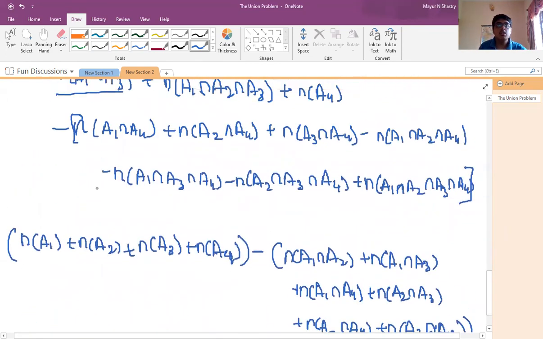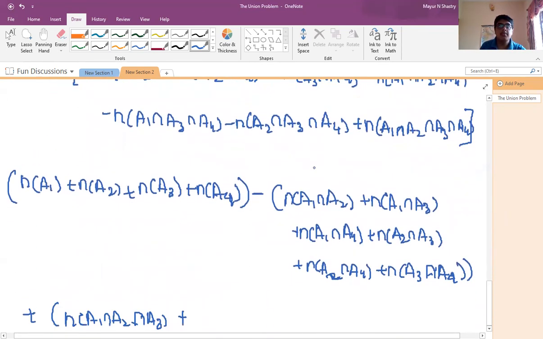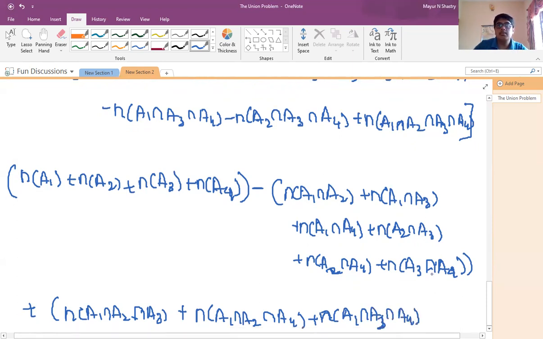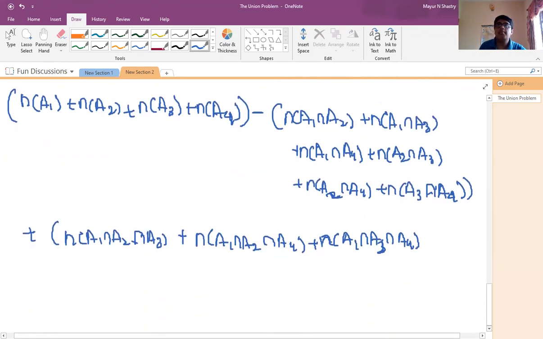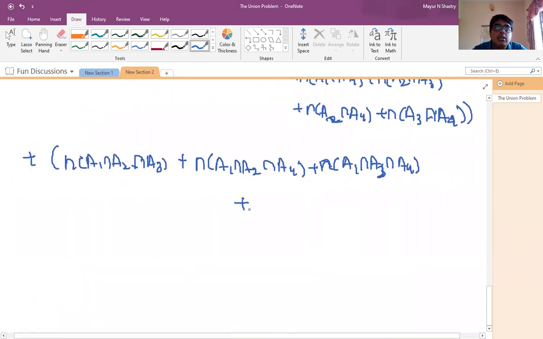Plus, all these are pluses because minus into minus. This, and this plus n of A1 intersection A2 intersection A4 plus n of A1 intersection A3 intersection A4, then a plus n of A2 intersection A3 intersection A4.